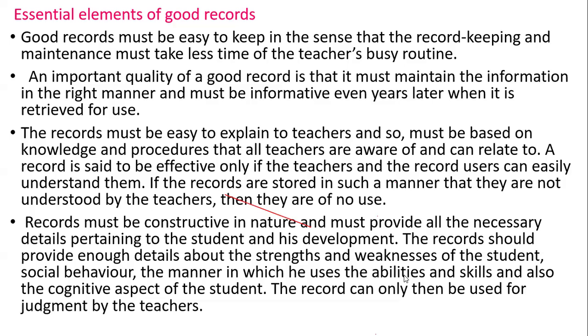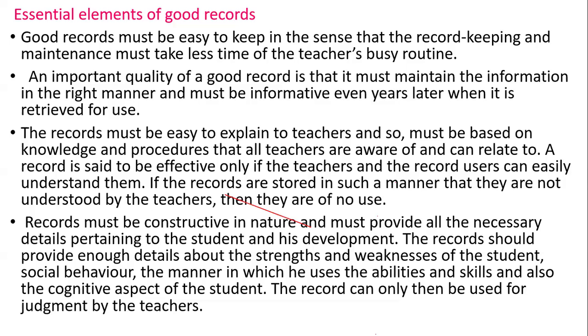Records must be constructive in nature. What do you mean by constructive? That means if there are some shortcomings or weaknesses, they should give some ideas for the person to develop, right? And they must provide all the necessary details pertaining to the student and the development of the student. So they should provide enough details about the strengths and weaknesses.